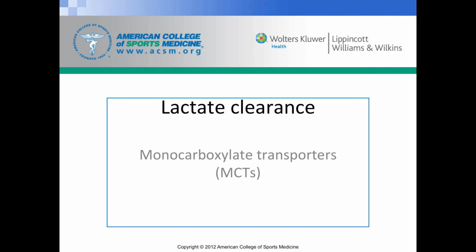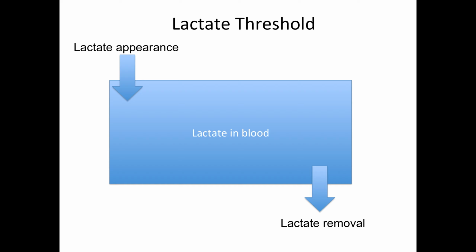If we look at lactate clearance, this would be lactate leaving a muscle cell and getting into the blood. And on this side of my simple diagram as well, going into a cell, there needs to be a transporter protein that will transport this 3-carbon lactate in and out of the cell.